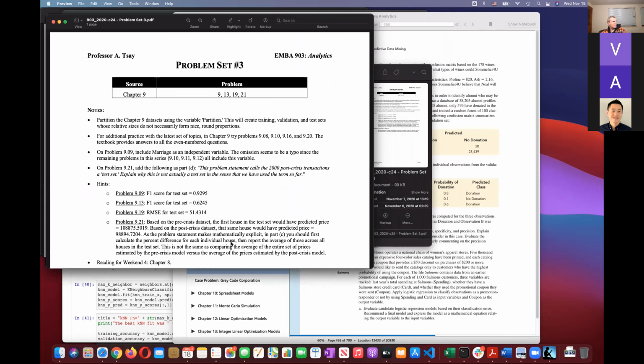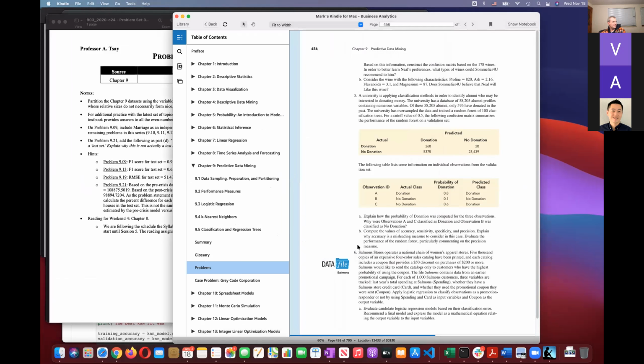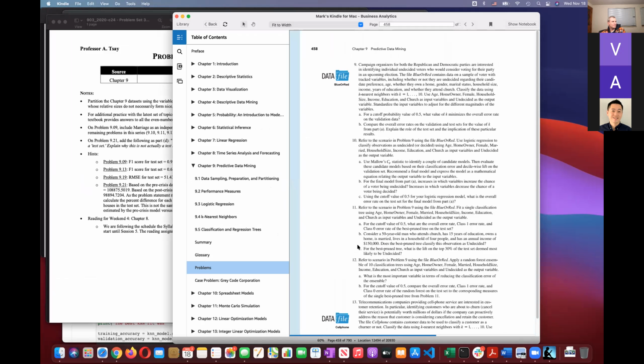Okay. Problem 9. Blue or red sample data. Classify using k-nearest neighbors, k 1 through 10.